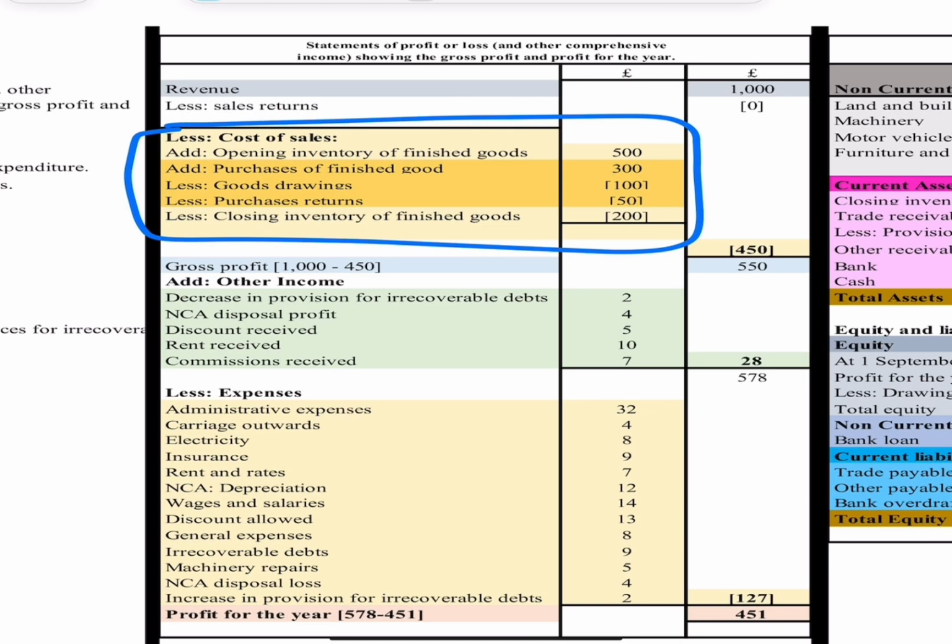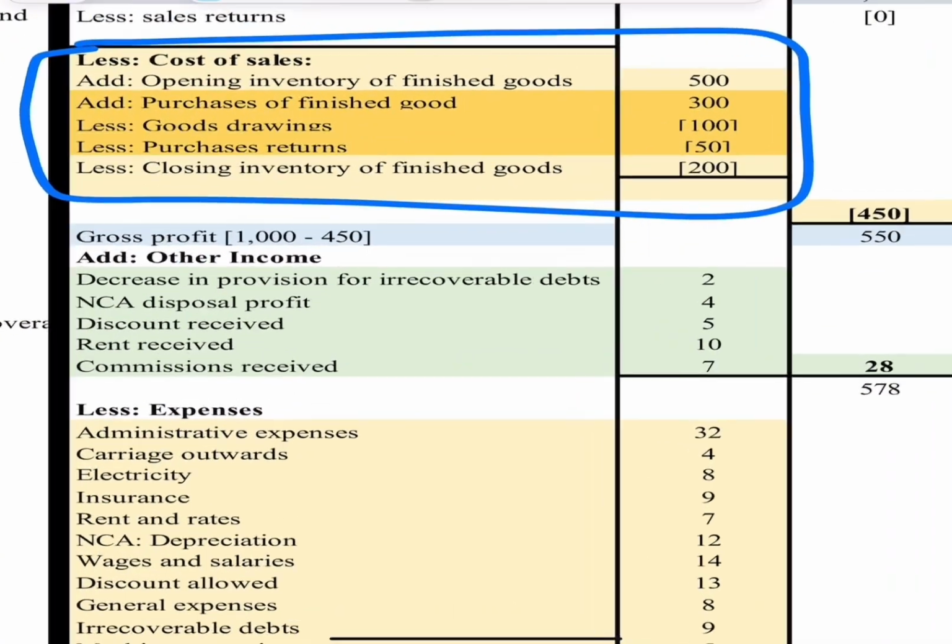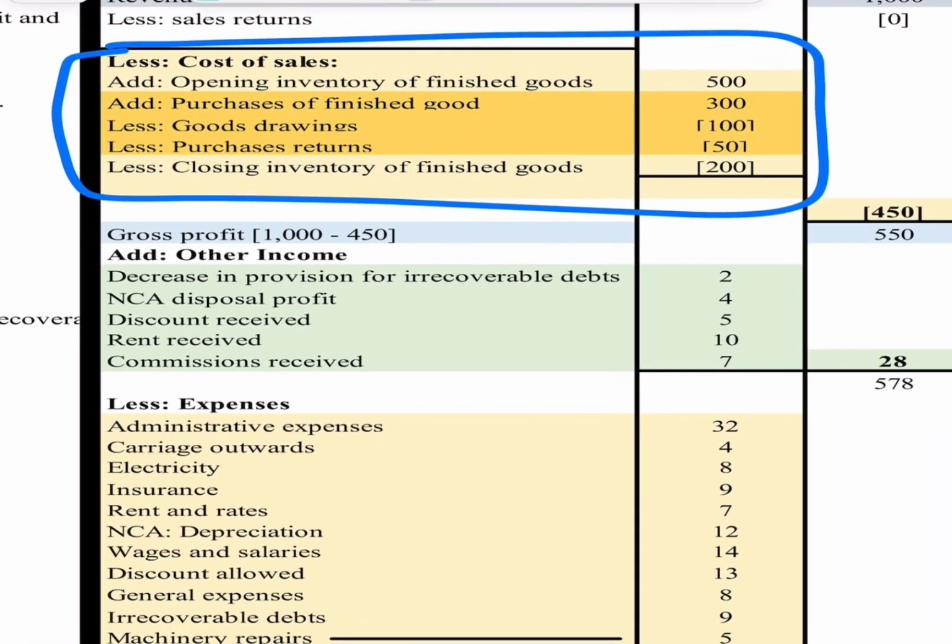You should be mindful with the items that appear under other income, such as decrease in provision for irrecoverable debt, non-current asset disposal profit, discount received, rent received, commission received.